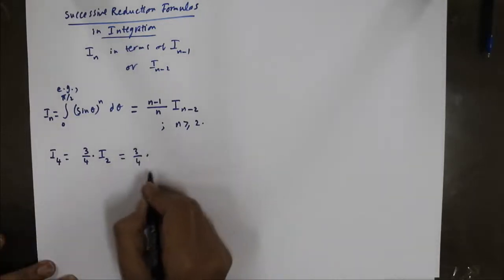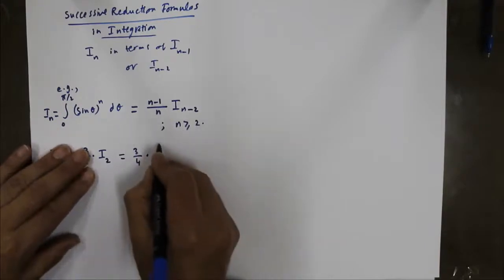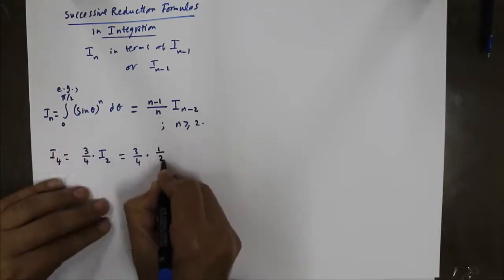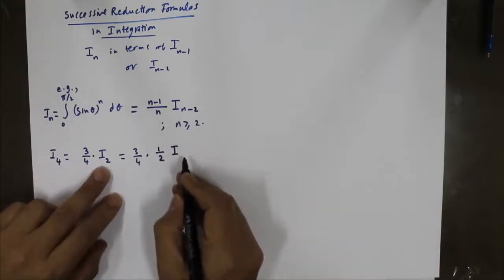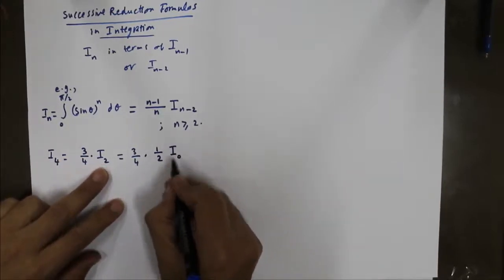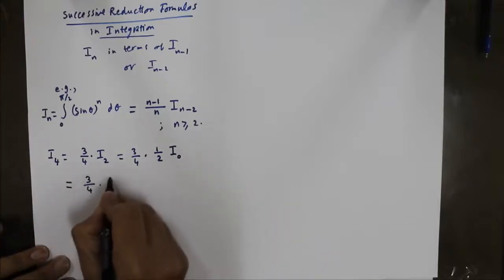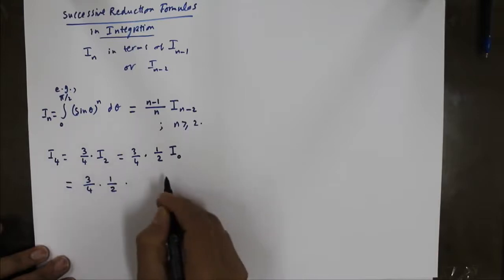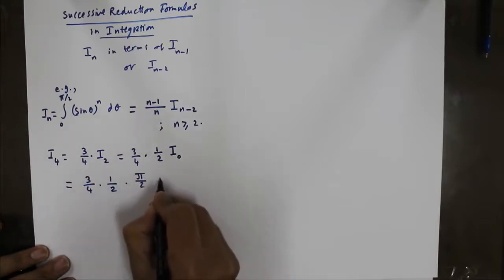So do it slowly again. I_2 will be, n is 2, so 2 minus 1 gives you 1 over 2 times I_0. And I_0 is pi over 2. Why?